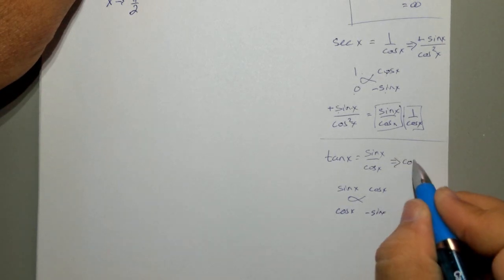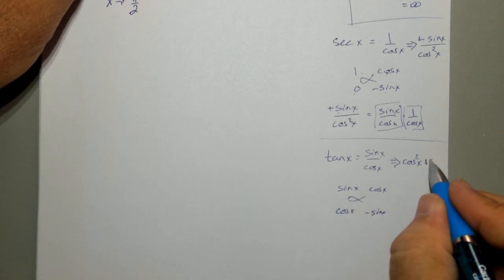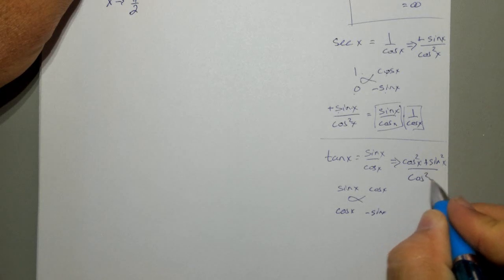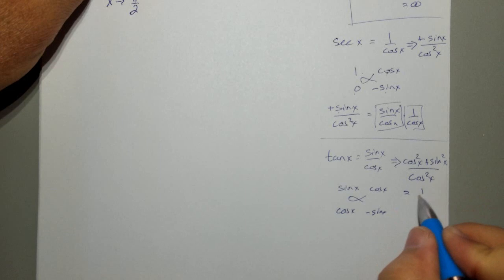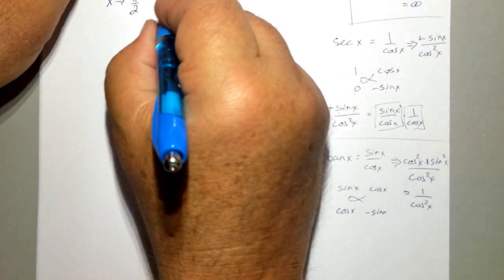So we have cosine squared minus negative, so it's plus sine squared, all over cosine squared. Cosine squared plus sine squared is 1. 1 over cosine squared, that's secant squared.